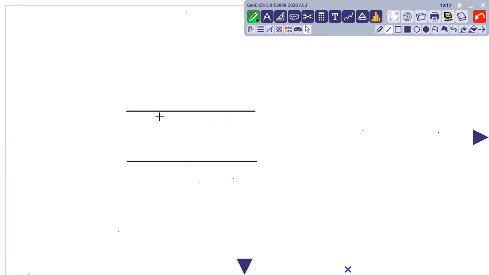Now, suppose there is a line connecting these two parallel lines. It may be this line or it can be this line. But let us first begin with the first line.